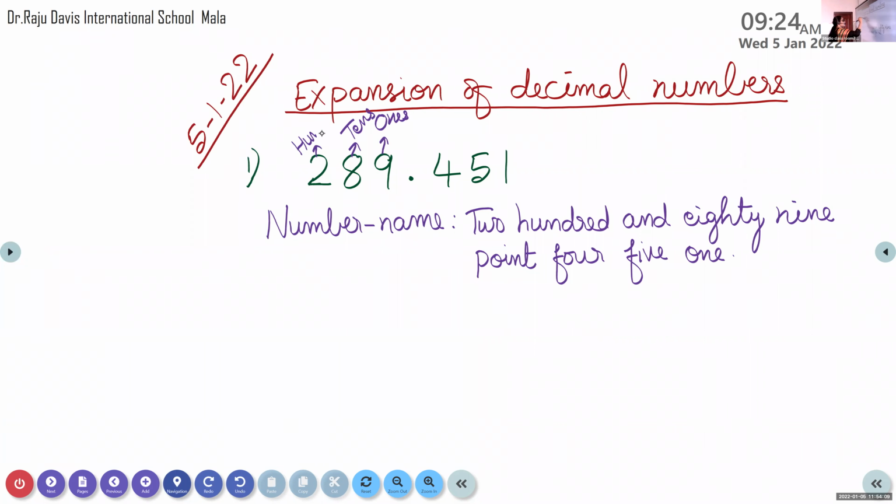Next, after the point, the first place is known as tenth, T-N-T-H, tenth. The next place is known as hundredth, then thousandth.